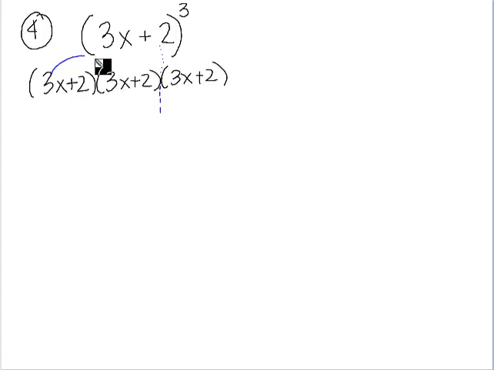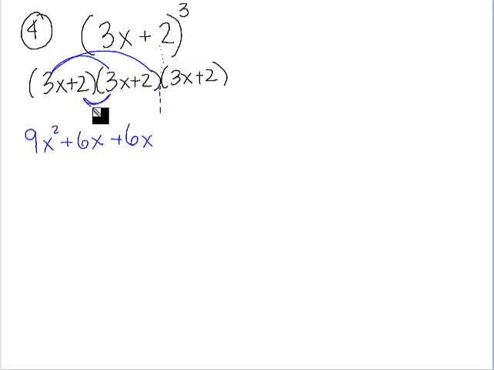All right? So how do we multiply the first 2 together? Distribute. So we have 3x times 3x, 9x squared. 3x times 2, plus 6x. Then what do we distribute? Yeah. 2 times 3x. What would be our 2 times our 3x? 6x.